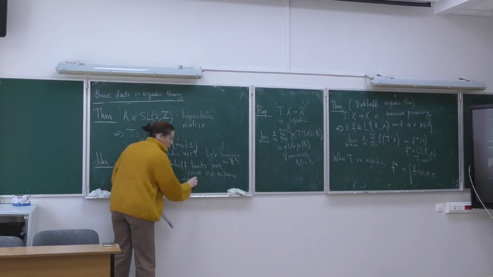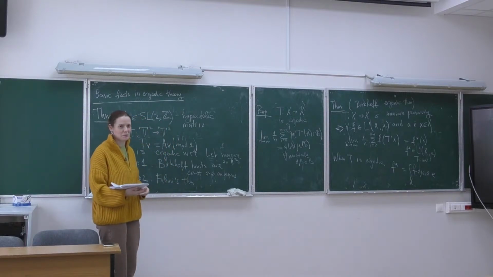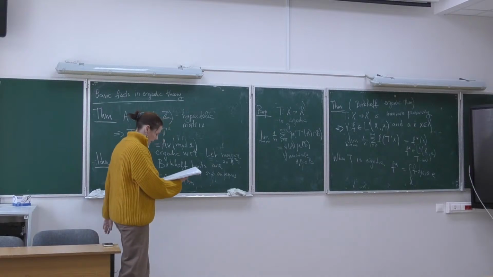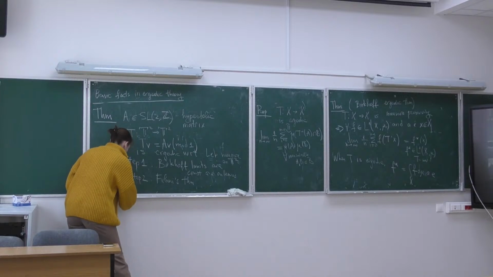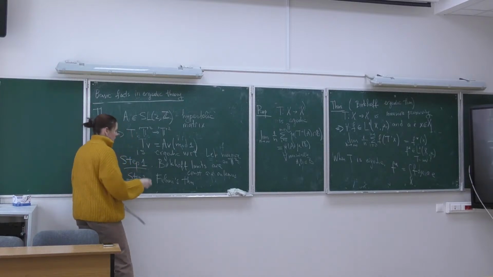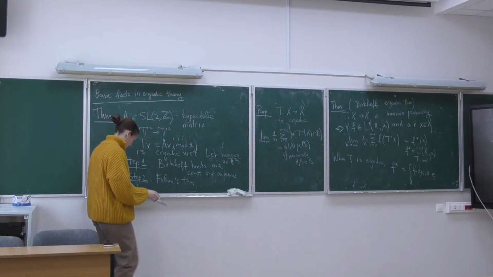I hope you remember at least the name from the course of measure theory. And then step 3 will be to check that all the constants we get should be equal.